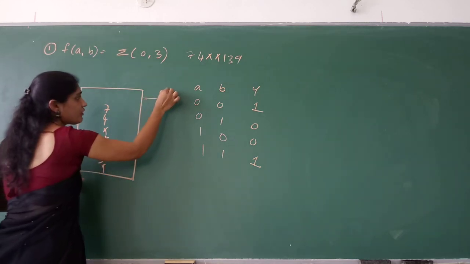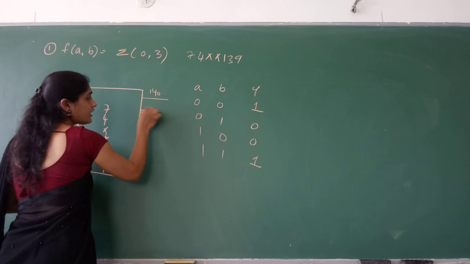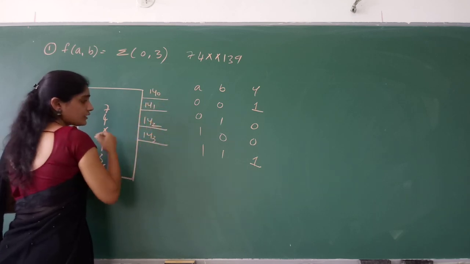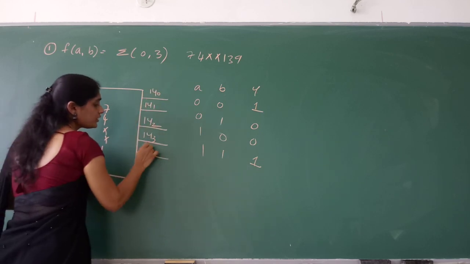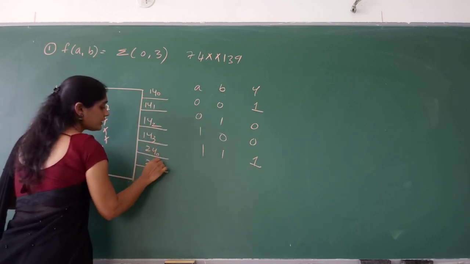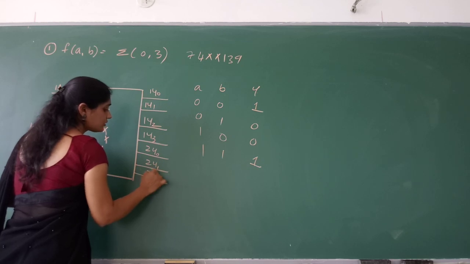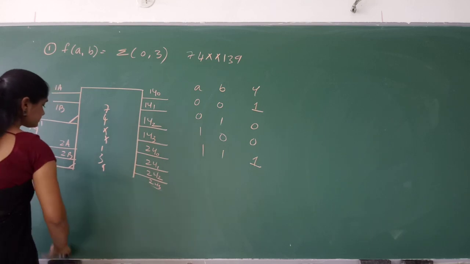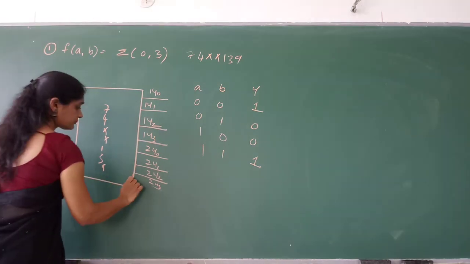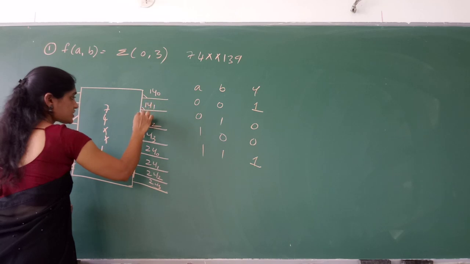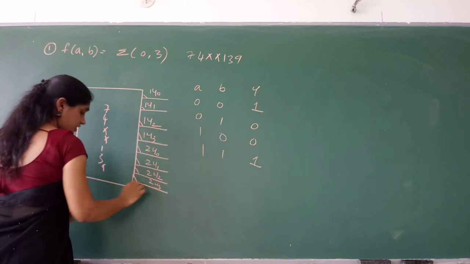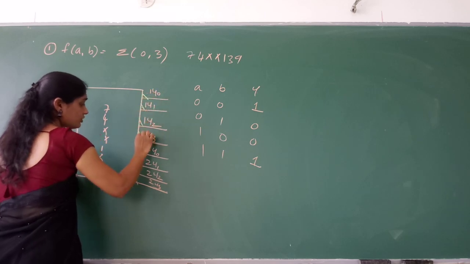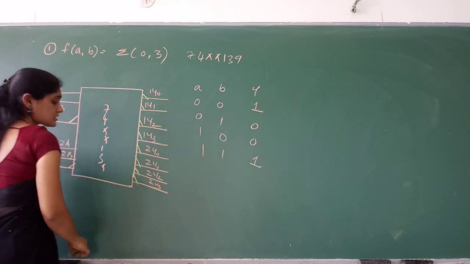Along with this we have 1Y0, 1Y1, 1Y2, 1Y3 as the first decoder outputs, and 2Y0, 2Y1, 2Y2, 2Y3 as the second decoder outputs. These are also active low. This is very important. You should not miss indicating the active low output lines and the active low enable inputs.